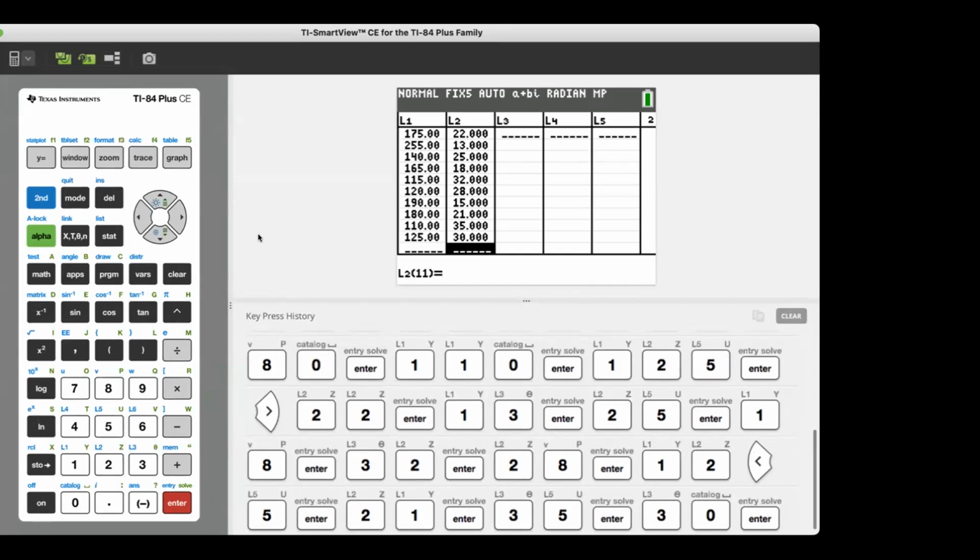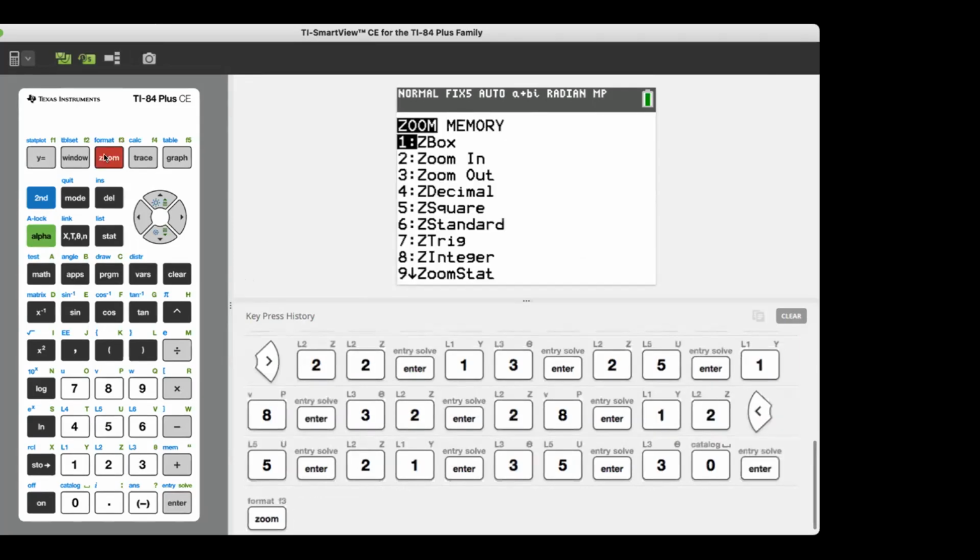Okay, I lost my track. So after I enter my raw data, I'm going to go to the zoom key and pick number 9, zoom stat.